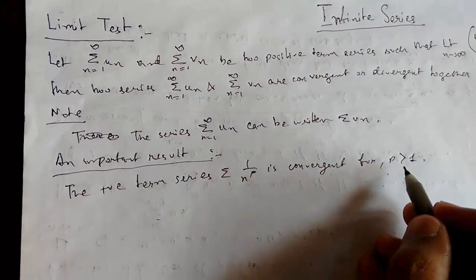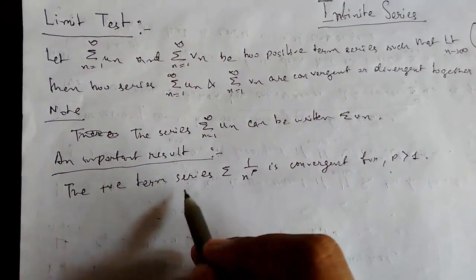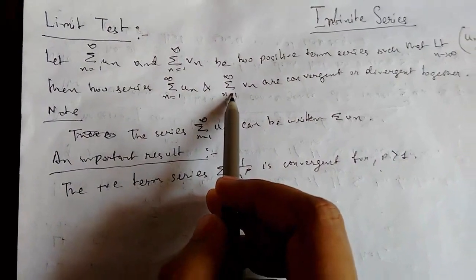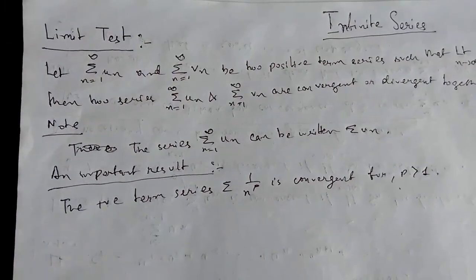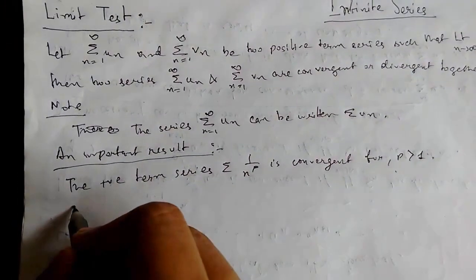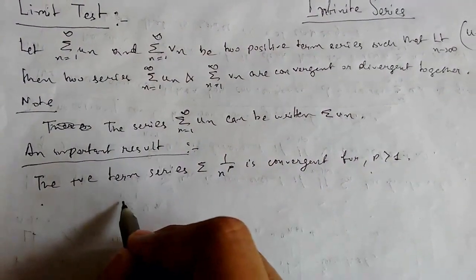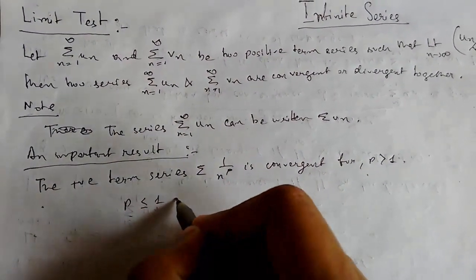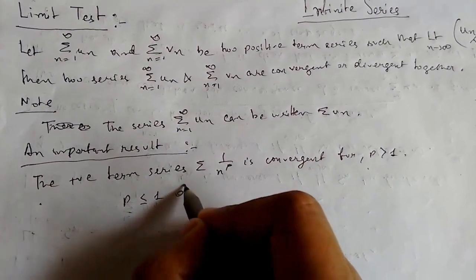By using this condition we can compare the second series to decide whether it is convergent or divergent. So we can also say that if p is less than or equal to 1, the series is divergent.